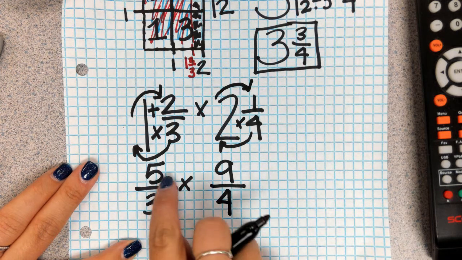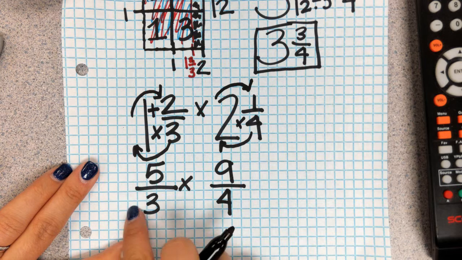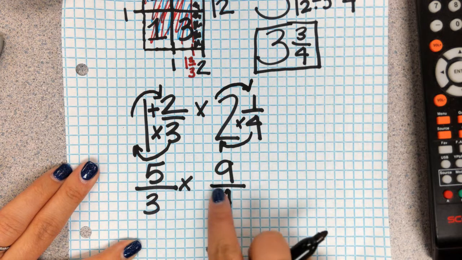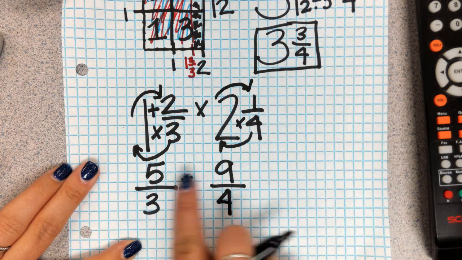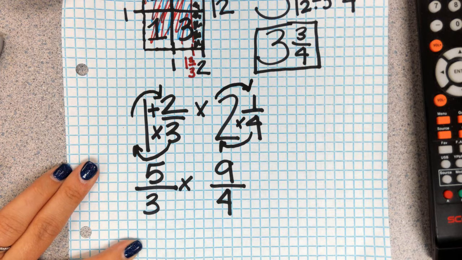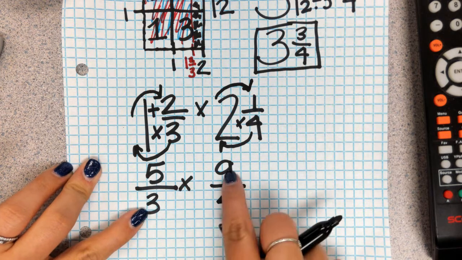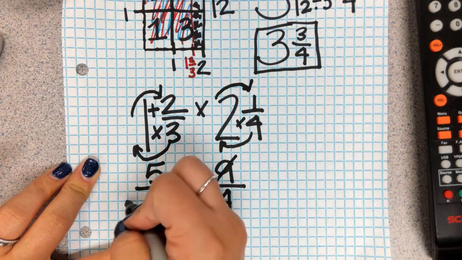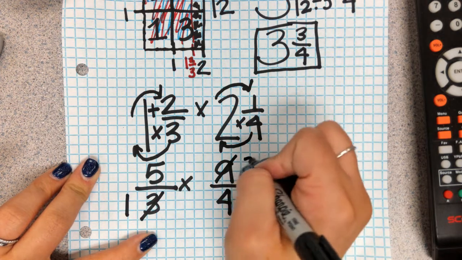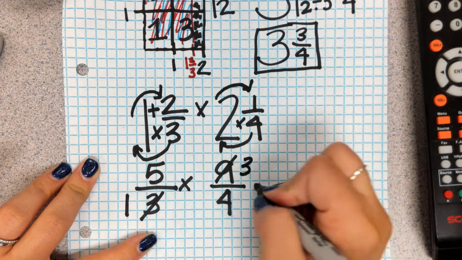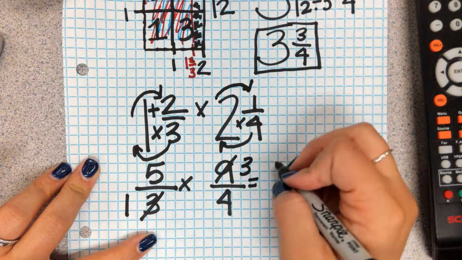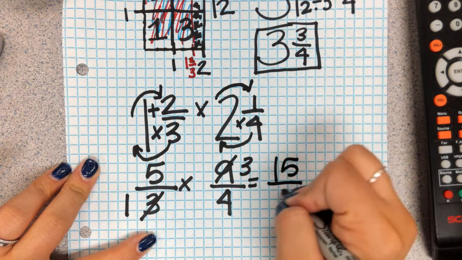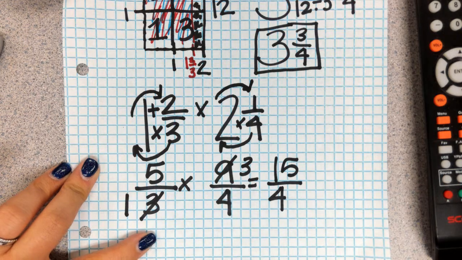Now I can look up and down or across, not next door, to see if I can simplify. I see 3 and 9 can both be simplified by dividing by 3. I would get 1, I would get 3. Now I can multiply across, and I would get 15/4.